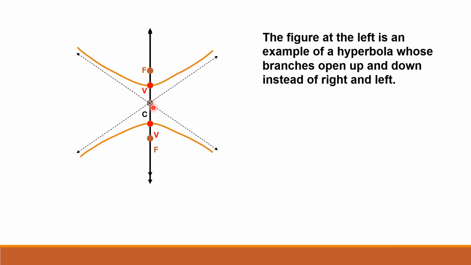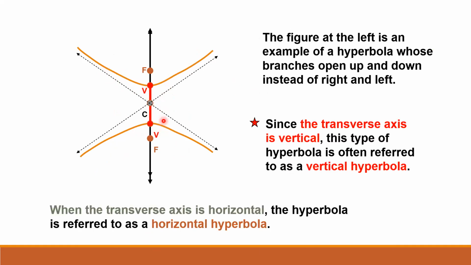Now the figure on the left is an example of a hyperbola whose branches open up and down. It is like a parabola that opens upward and downward. So our transverse axis is now vertical. That's why we have a vertical hyperbola. In the ellipse, the orientation, whether it's a vertical or horizontal ellipse, depends on the major axis.